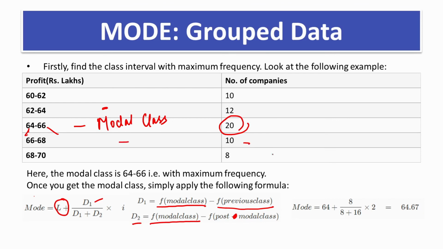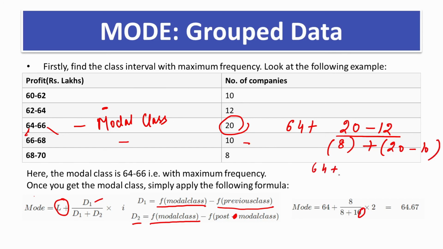So how will we calculate it? Mode is equal to L, which is 64, plus D1, the frequency of the modal class, that is 20, minus the previous class, 12, which is 8, divided by D1 plus D2. D2 is the frequency of the modal class, 20, minus the post modal class, 10, so it is 10.